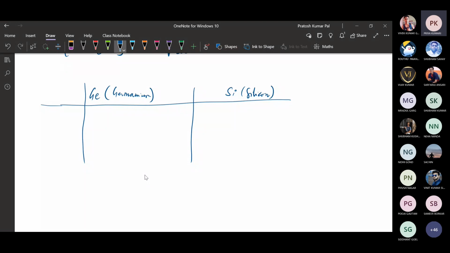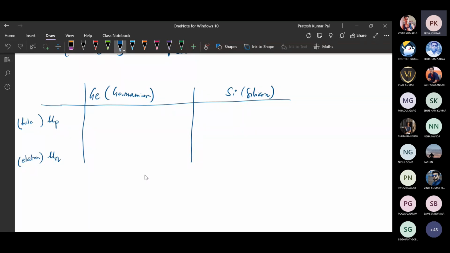Mobility is represented by mu. If it is hole mobility, we write mu p, and if we want the mobility of electrons, we write mu n.